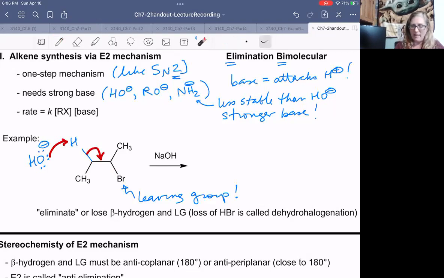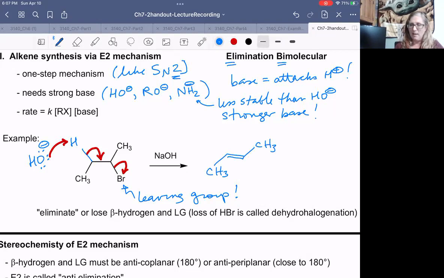And as we do that, that would make this carbon have 5 bonds. That's not possible. So what happens at the same time in this concerted mechanism, we kick off the leaving group. So 3 curved arrows are required for the E2 elimination. And what does our product look like? We're now going to have a double bond between these middle 2 carbons.